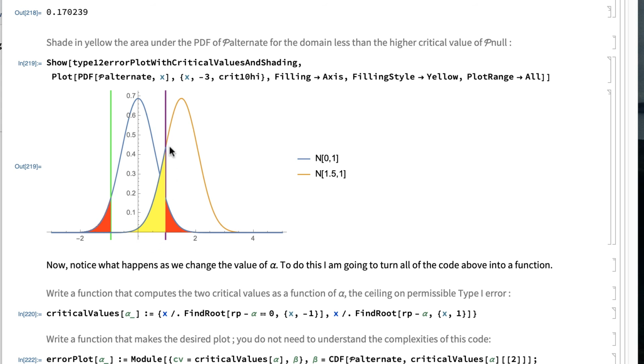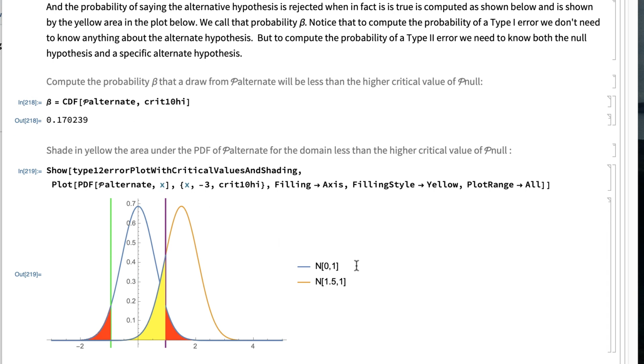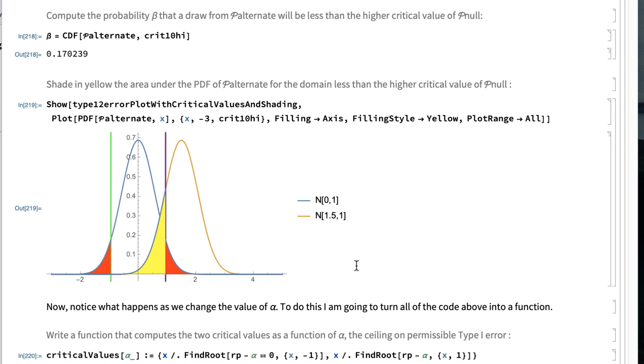If you remember your definitions of CDFs, this area is just the CDF of the normal distribution at 1.51 evaluated at whatever that purple line number is, I guess 0.94 or so. If we look up here, that number is 0.17. That fraction, 0.17, is our type 2 error.